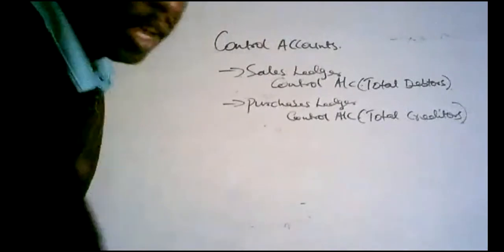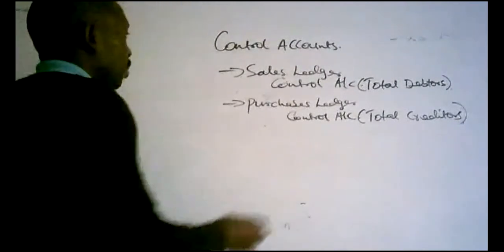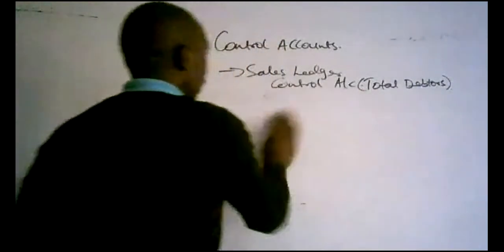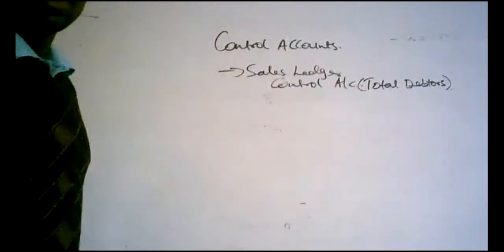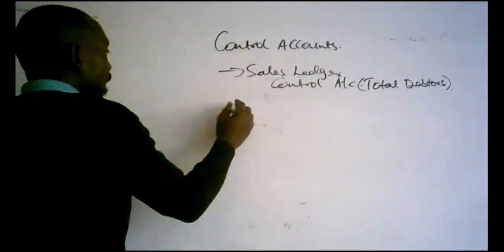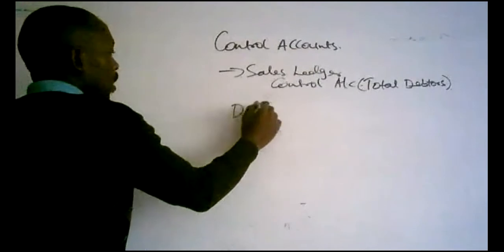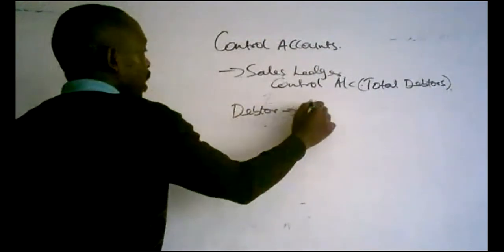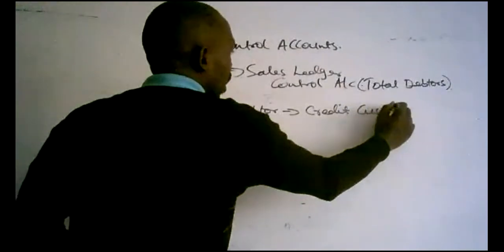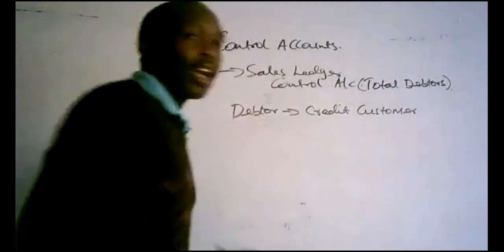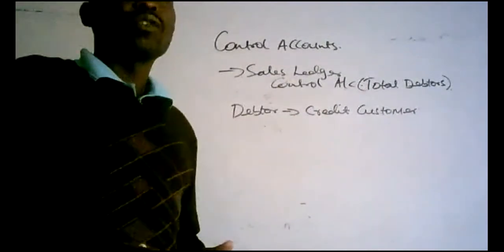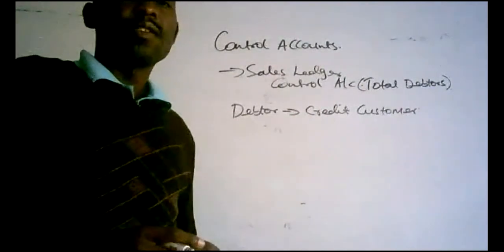So if I can start by discussing the debtors, the first one, the sales ledger control account or the total debtors control account, we need to understand who a debtor is. A debtor is simply a credit customer, or a customer who bought goods on credit from the business and has not cleared his account.